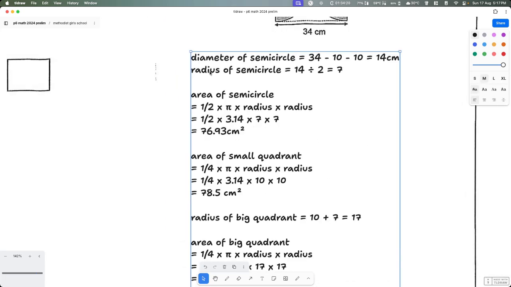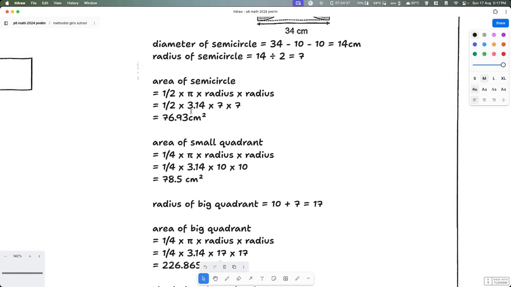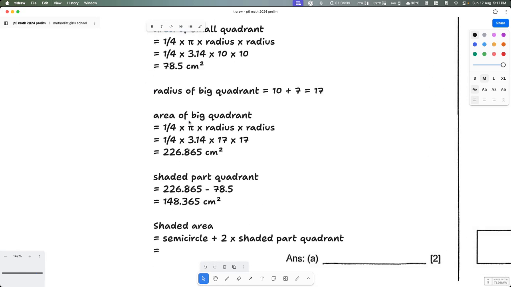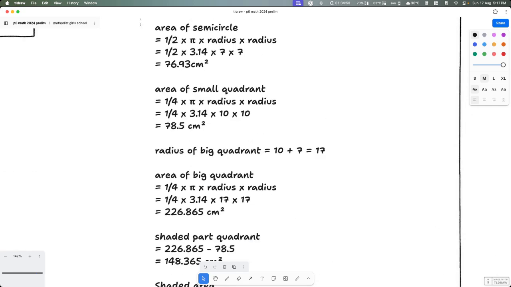Okay, so let's see. Shaded area is equal to semicircle plus 2 times shaded part quadrant. So the semicircle is 76.93, plus 2 times 148.365. Okay, so let me just copy this, 76.93.